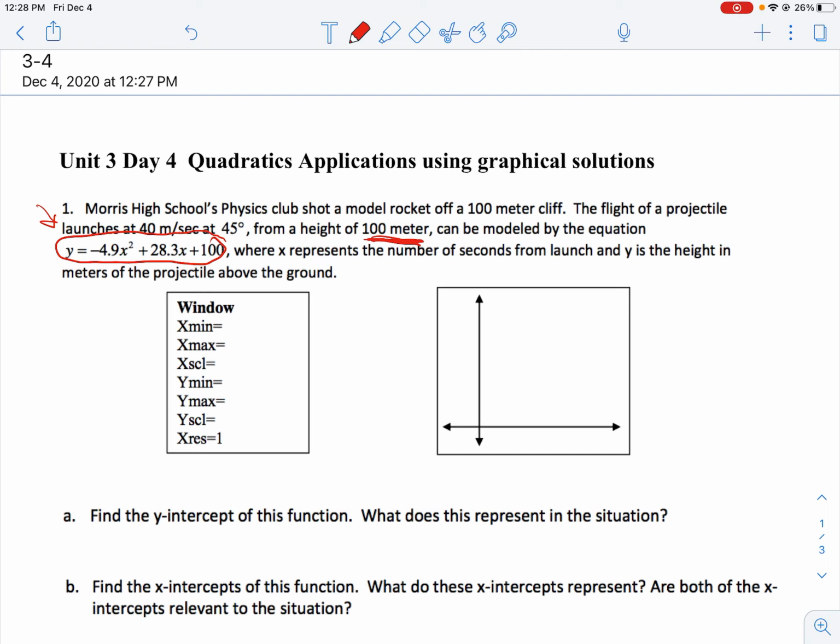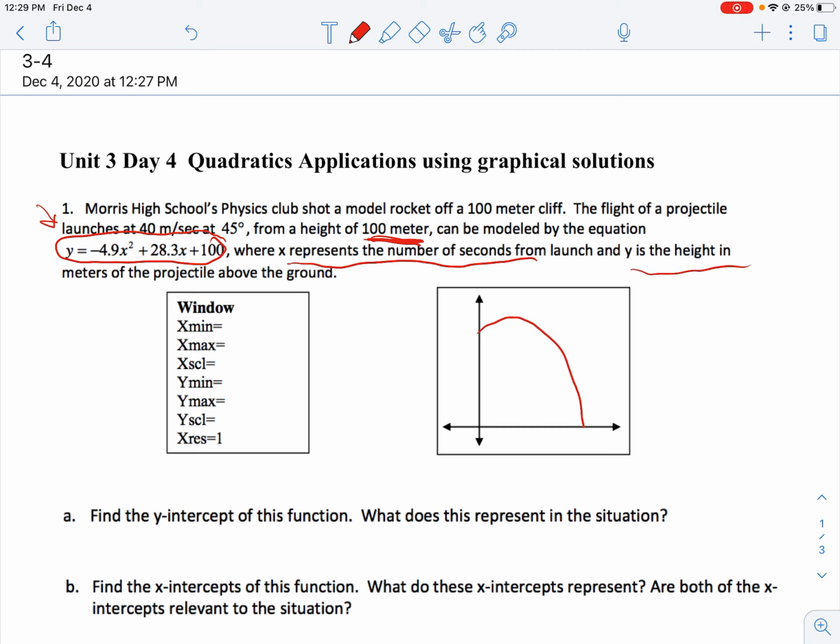So anyway, all right, and so what we're looking for is to get this image in our calculator. And the reason why we're only concerned about this part of our graph is because x represents the number of seconds, time, and y represents the height in meters.